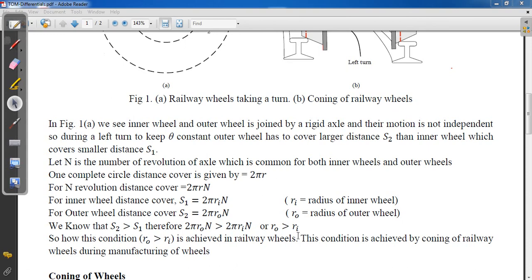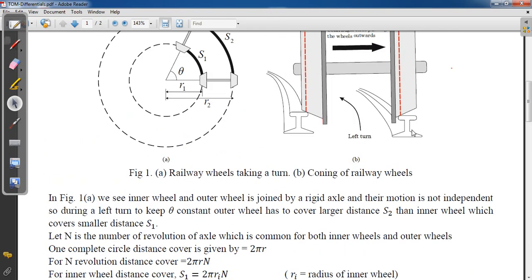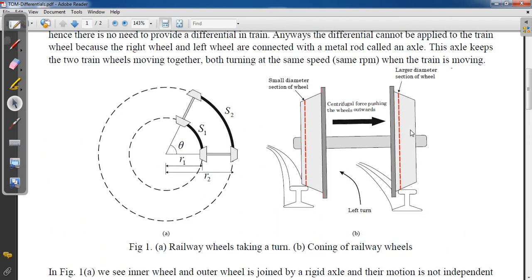This condition is achieved by coning of railway wheels during manufacturing. Whenever you visit a railway bogie or railway station, just try to observe the wheels, but do not go onto the track to look at them, or the train might run over you.